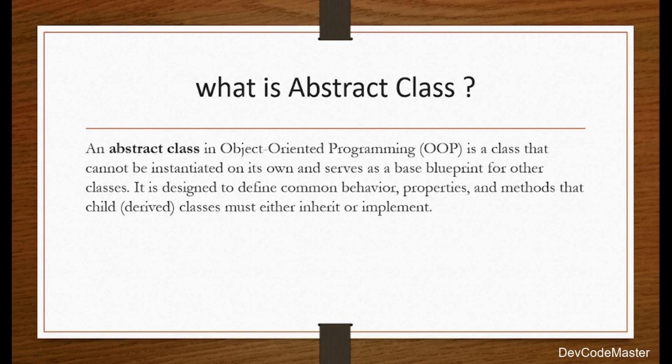So an abstract class normally cannot create an instance or object by itself. The instance is created by the child, inherited class.